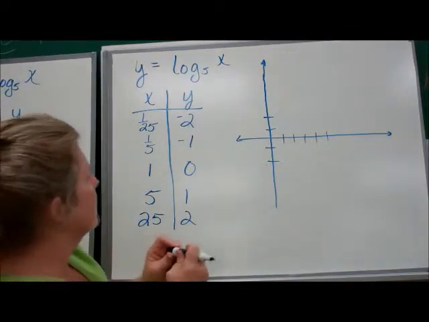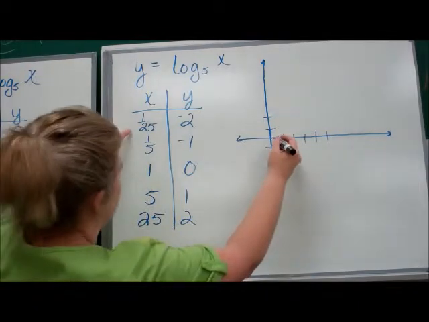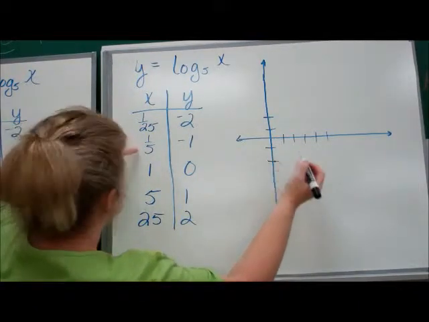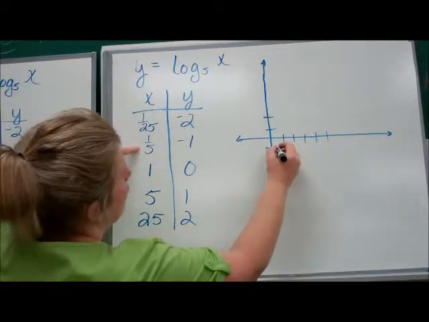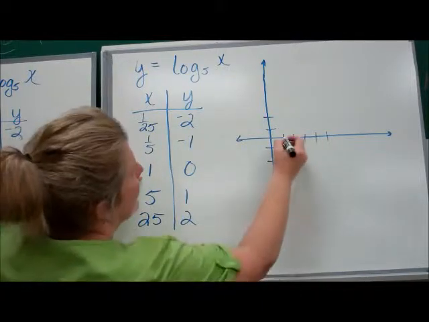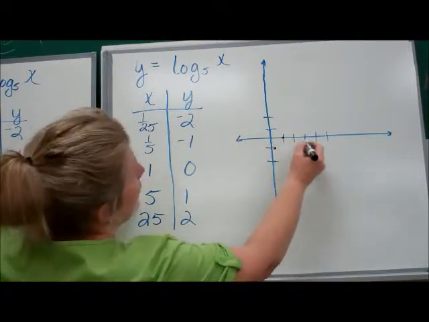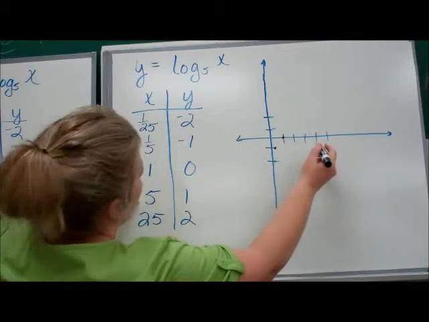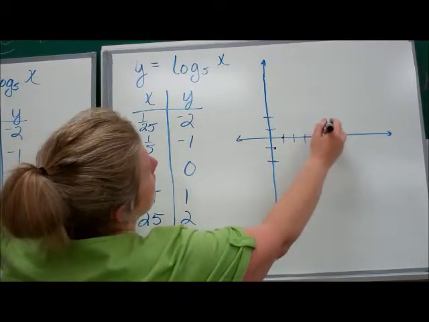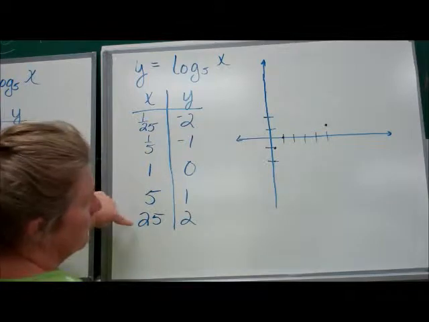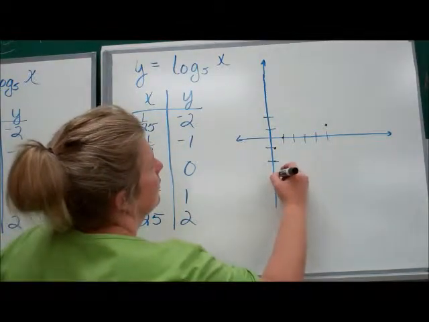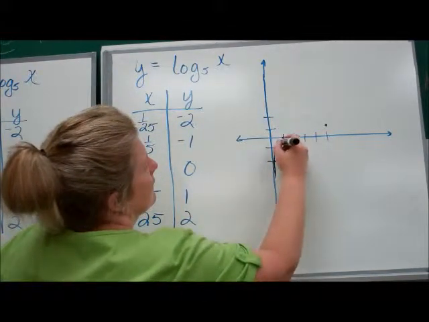And again, we just estimate 1/25 is very close to 0. 1/5 is still quite close to 0. And then 1, 0, 5, 1. And then, of course, the 25, 2 is way out there, so I'm not going to estimate that one.